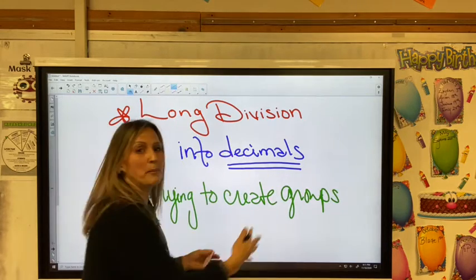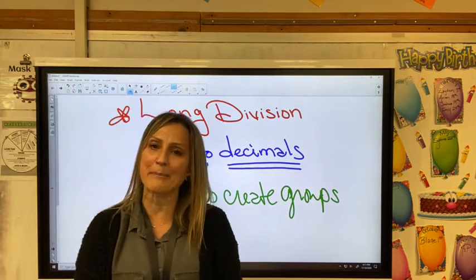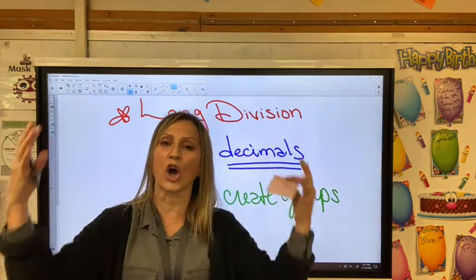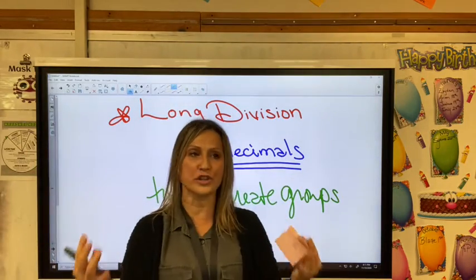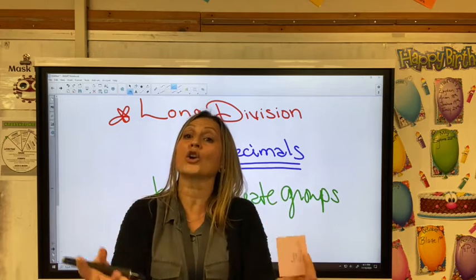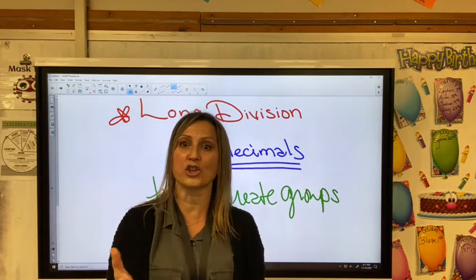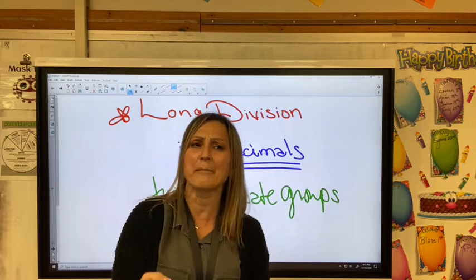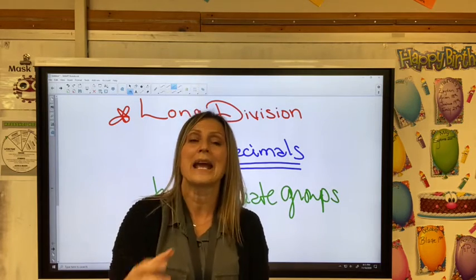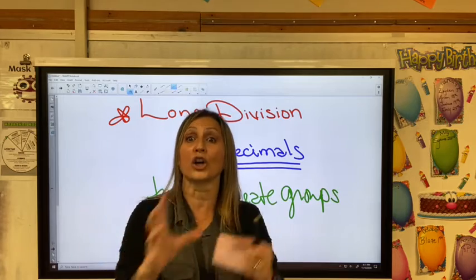We have a number and we're going to divide it by something, and we're trying to create that larger item, that larger number, into smaller groups of things. And so that's really what long division or division in general is. It's taking numbers or taking items and putting them into smaller groups.